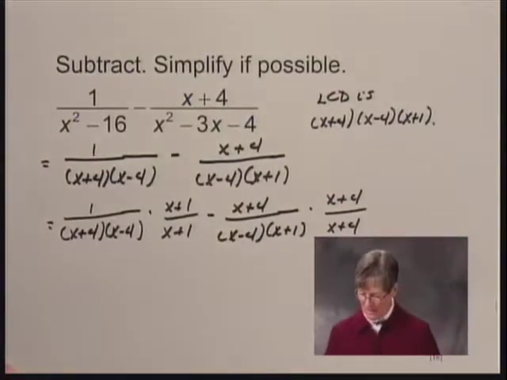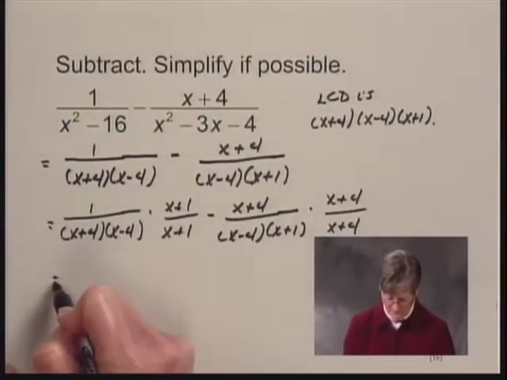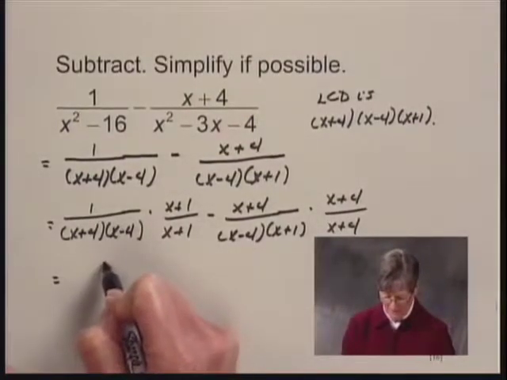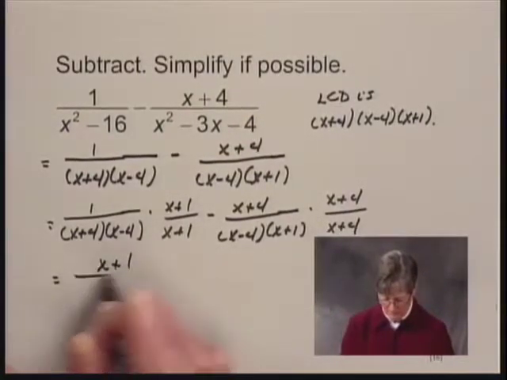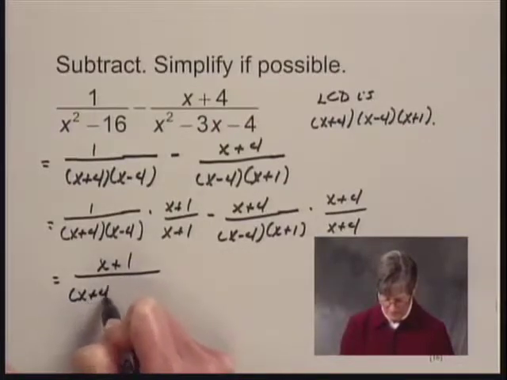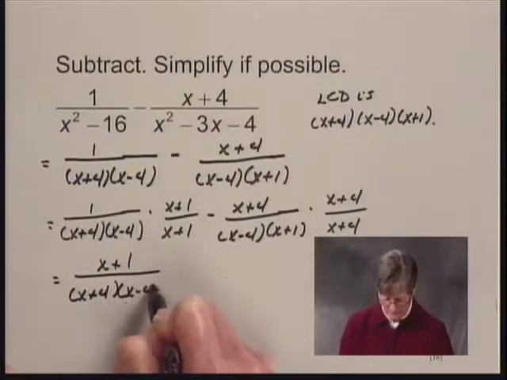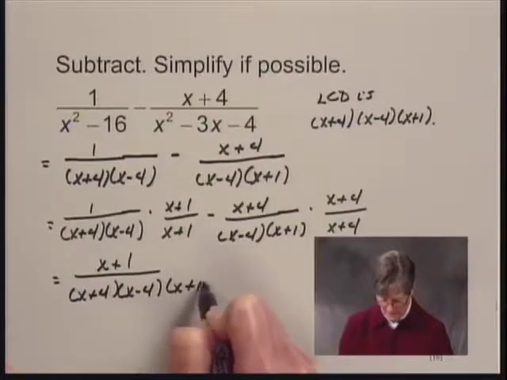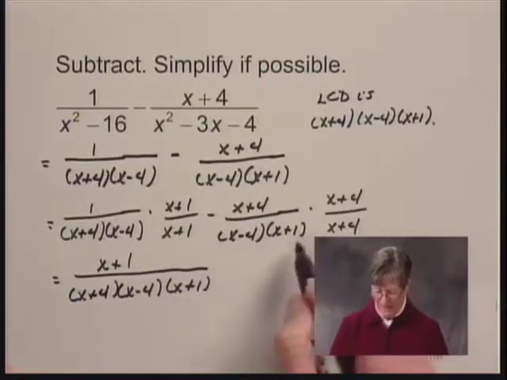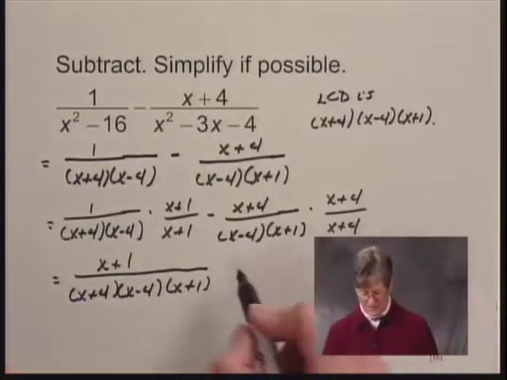And now let's just go ahead and do those multiplications. Here I'm going to have x plus 1 over x plus 4 times x minus 4 times x plus 1. And I'm going to subtract and multiply at the same time here.